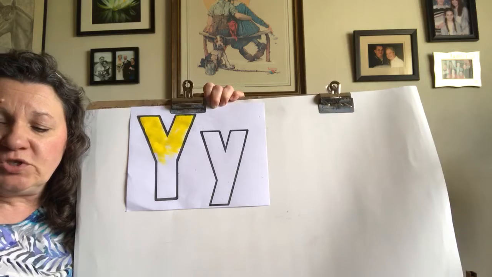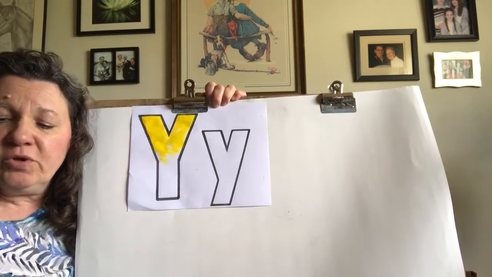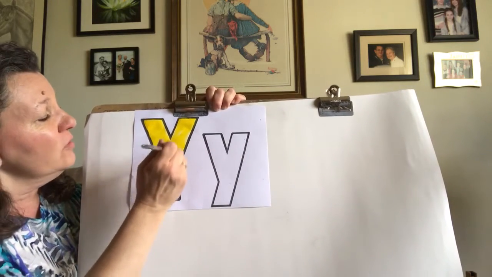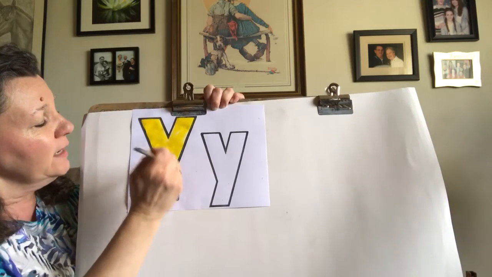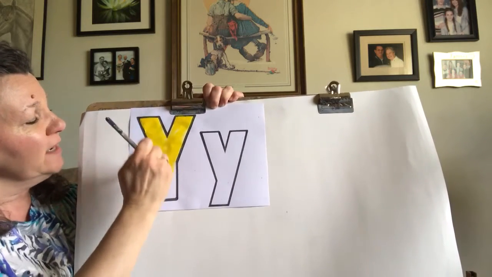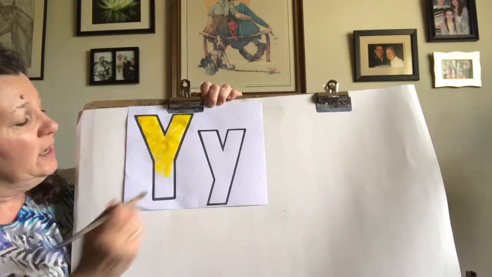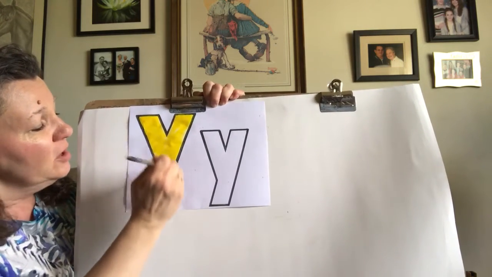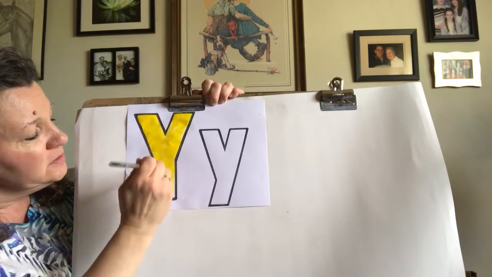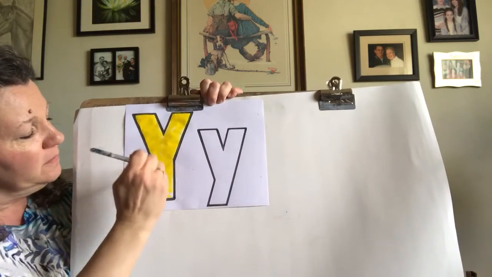And like I said, you always want to start from the top so that you're not putting your sleeve or your arm or your hand in the paint and then dragging it all across, okay? And just keep spreading your paint. If you're using paint, keep spreading it till there's nothing left on your brush, okay? So we'll do our capital Y here.